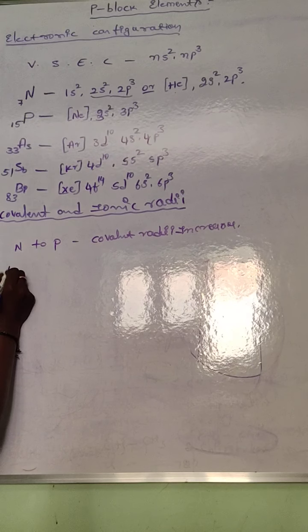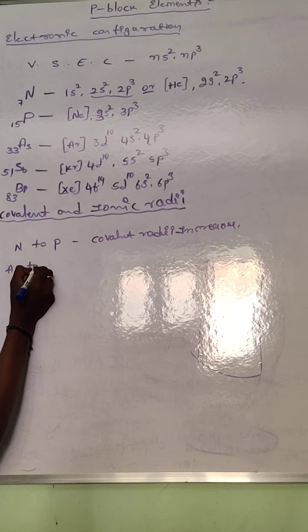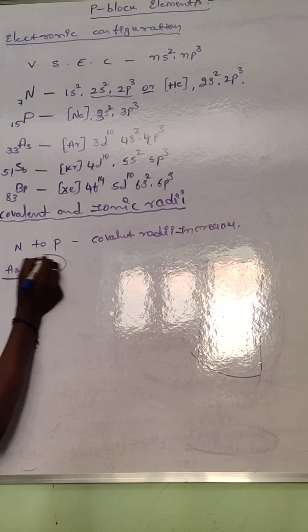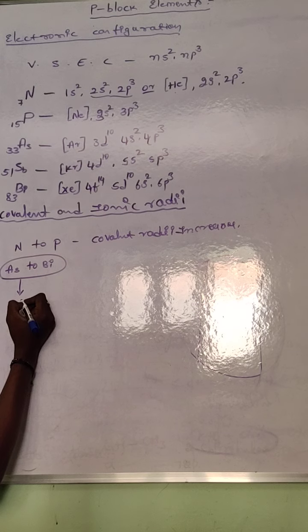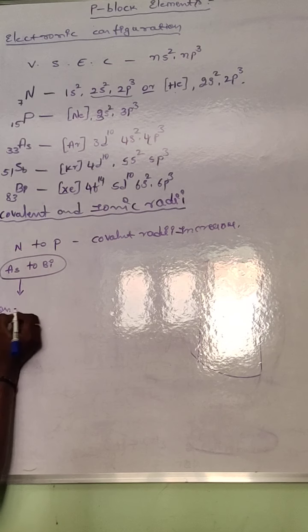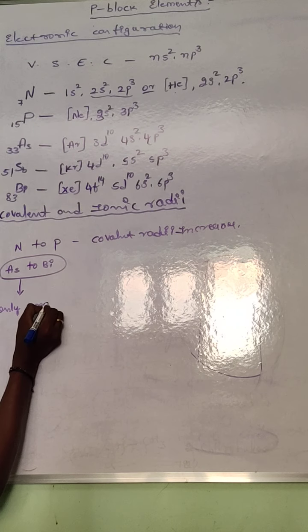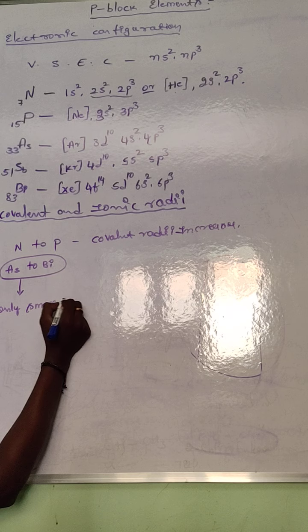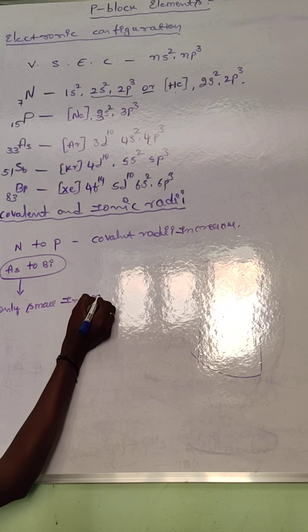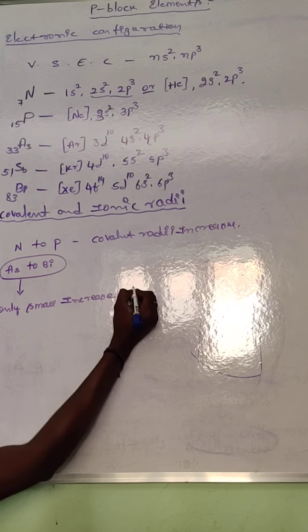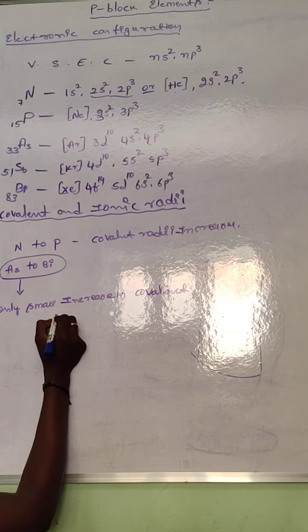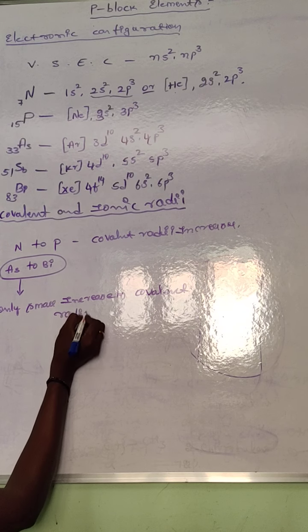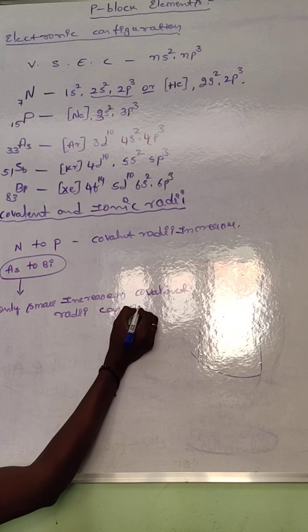But from arsenic to bismuth, what is the effect on the covalent radii? Only a small increase in covalent radii is observed.